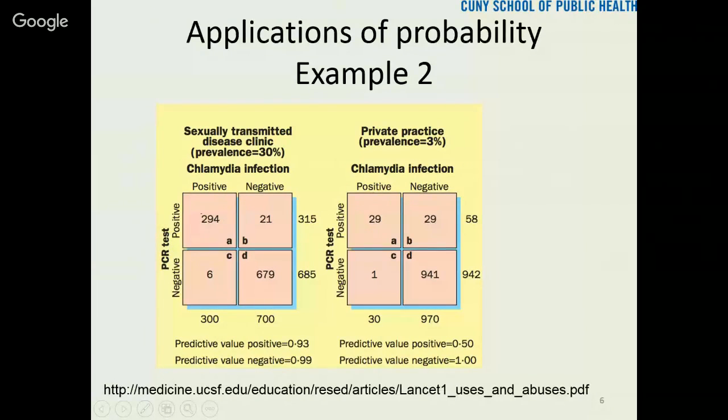So it's 294 out of 315 in the STI clinic and 29 out of 58 in the private practice. So this positive predictive value is 93% in one clinic and only 50% in the other clinic. So in terms of this one metric that is of great importance to the patient and the doctor, we're seeing very different performance in these two populations just because of the difference in prevalence.